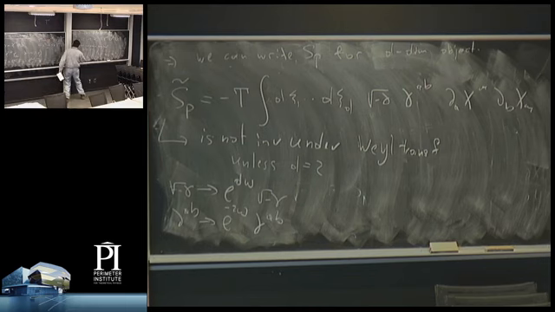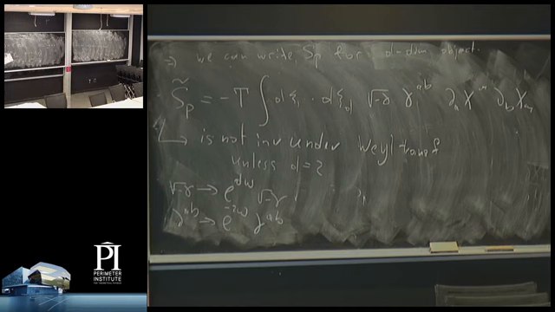If I am in D dimensions, the square root of minus gamma will go to e to the d times omega times the square root of minus gamma. But gamma^{AB} with upper indices goes to e to the minus 2 omega gamma^{AB}, because that's just an inverse matrix.